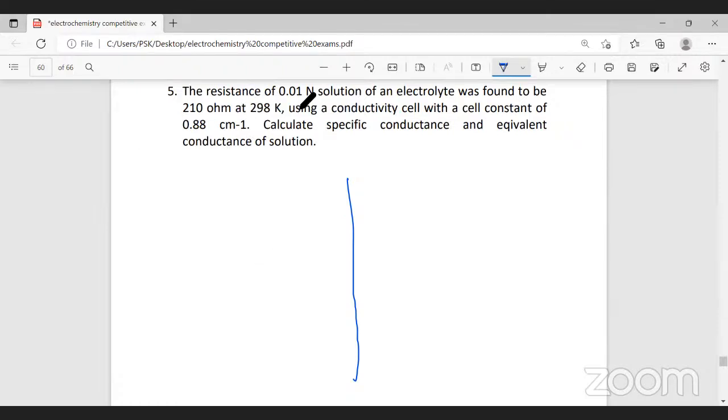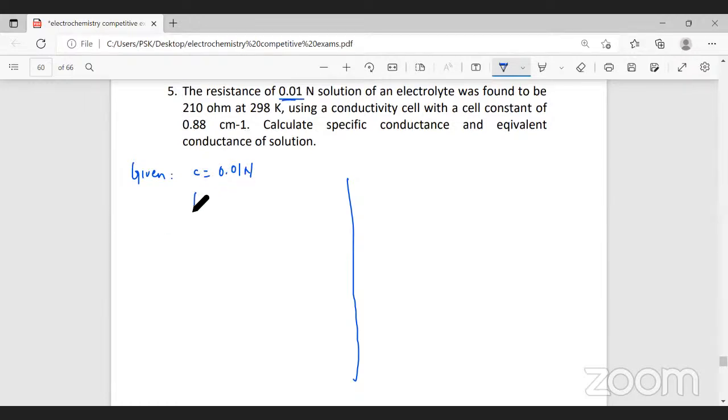The resistance of 0.01 normal solution of an electrolyte was found to be 210 ohms at 298 Kelvin, using a conductivity cell with a cell constant 0.88 centimeter inverse. Calculate the specific conductance and equivalent conductance. What is given in the question? The concentration, 0.01 normal, and the resistance, 210 ohms.